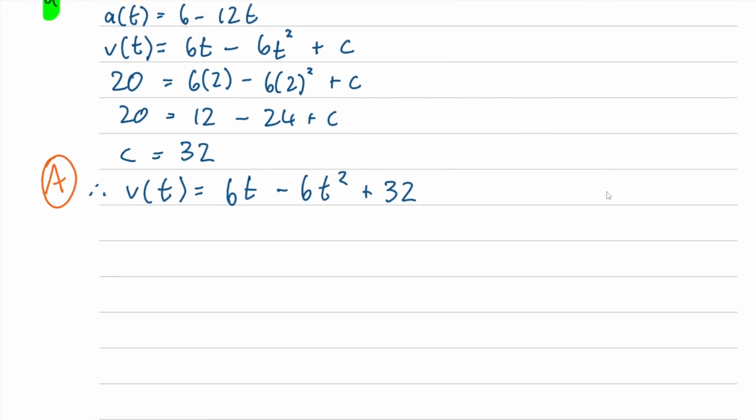You'll often see distance written with an S, which in physics represents displacement, but in this problem, since it's a straight line, you can use D or S. So the distance is the antiderivative of the speed, so 6t becomes 6t squared divided by the new power 2, minus 6t cubed divided by the new power of 3, plus 32t.